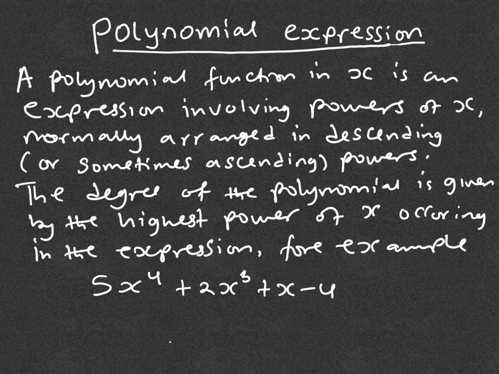So this is cubed, then it drops to 1, and then this 4 has x to power 0, but you know x power 0 is 1, so we don't write it, okay? So this is a polynomial of degree 4, okay? Is a polynomial of the 4th degree.